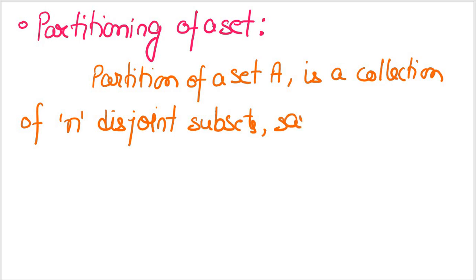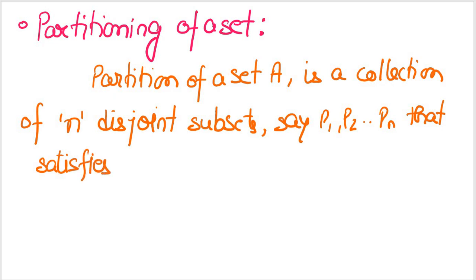Let's say these subsets are P1, P2 up to Pn, and they should satisfy the three conditions mentioned here.